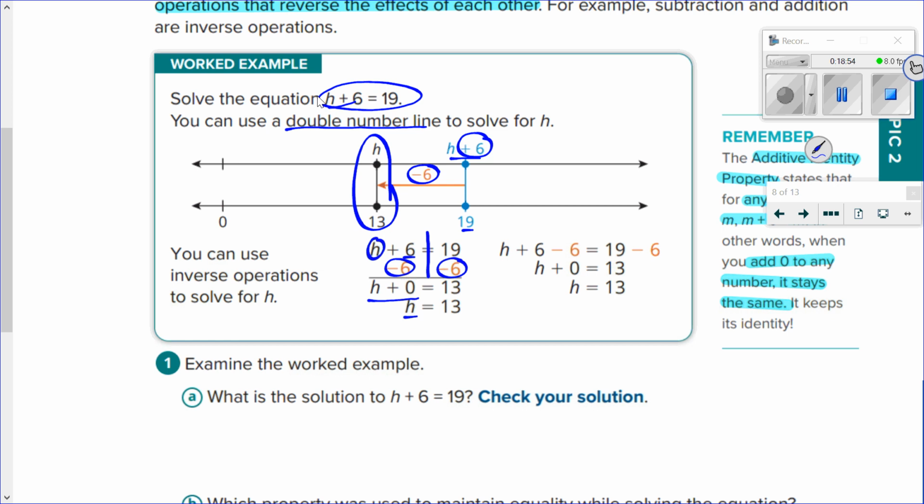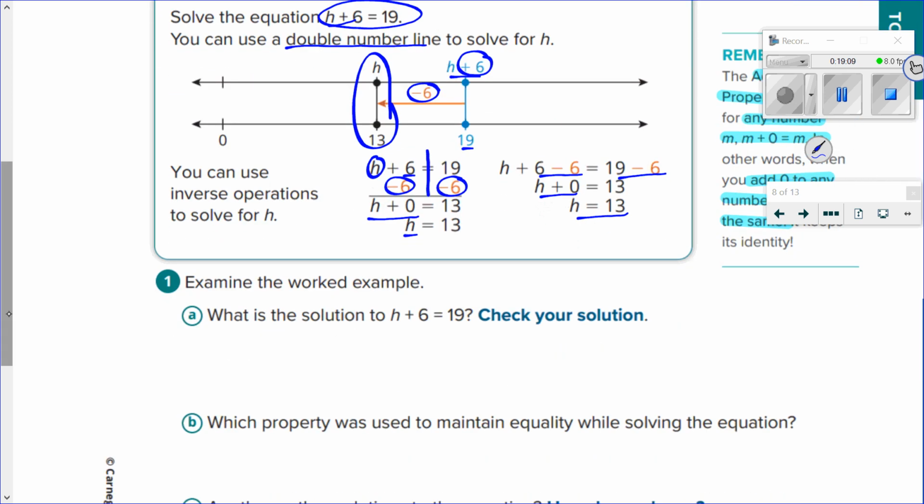Then I can check. If I do 6 minus 6, that gives me 0. I put in the minus 6, and I find h equals 13. So what is the solution to h plus 6 equals 19? 13.